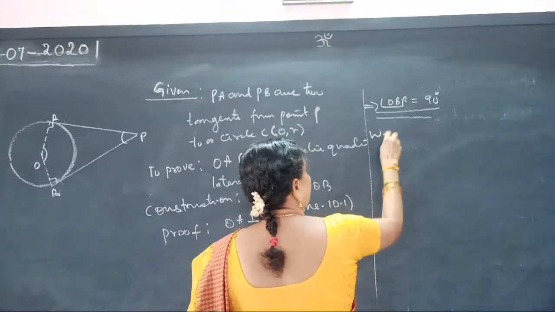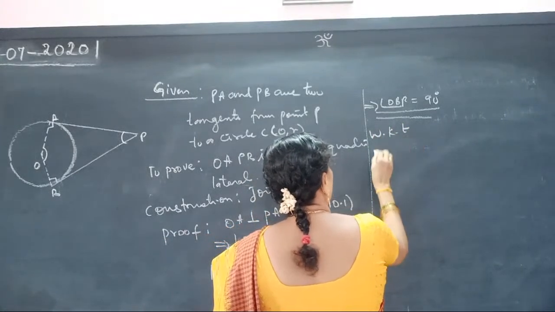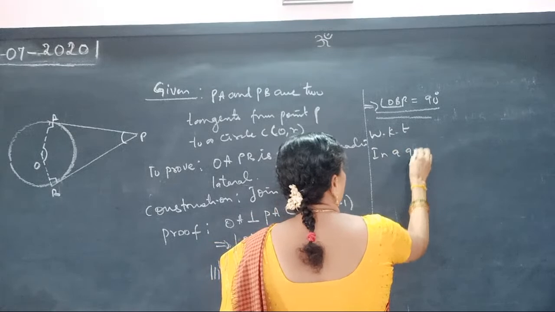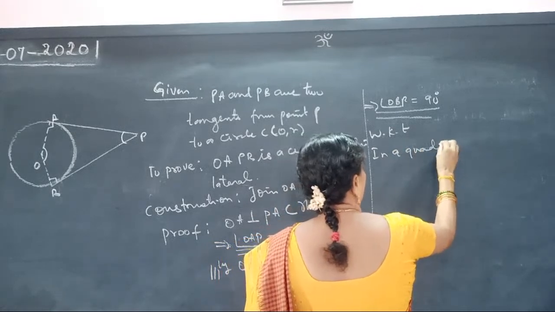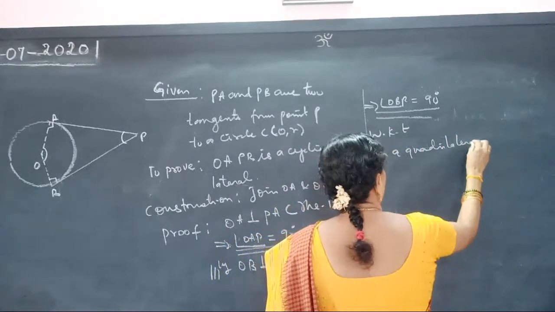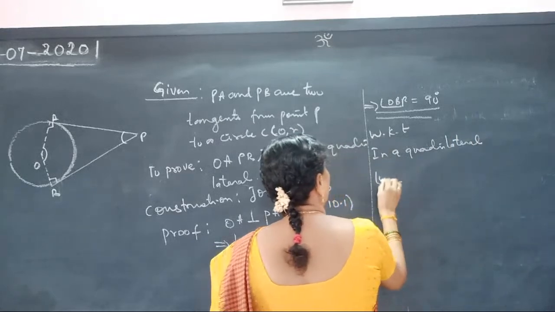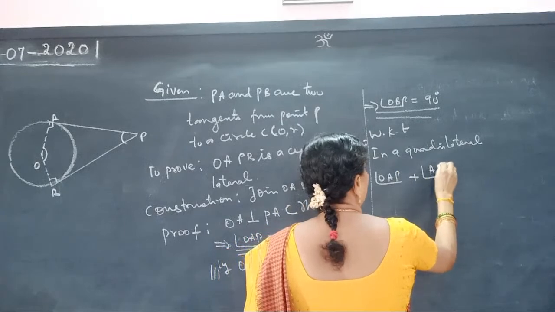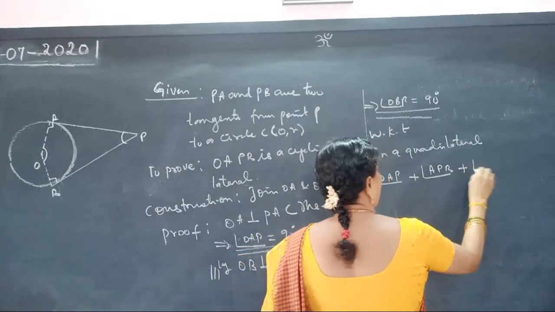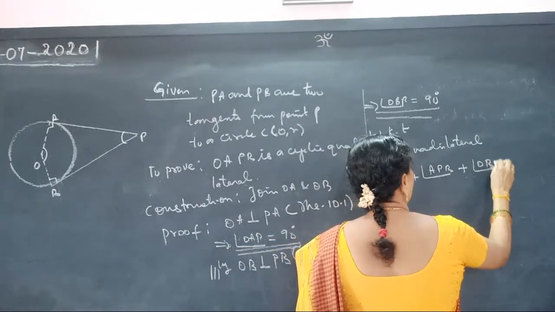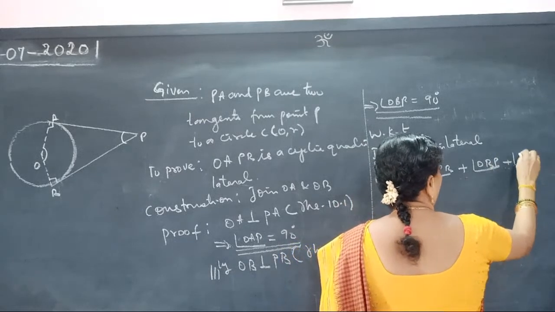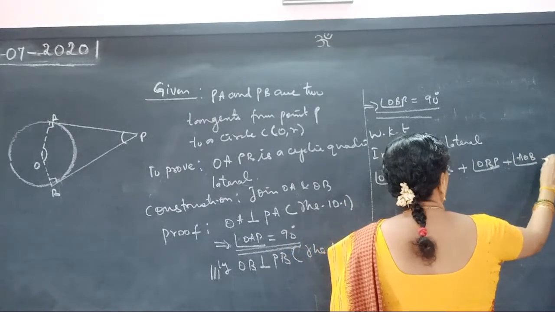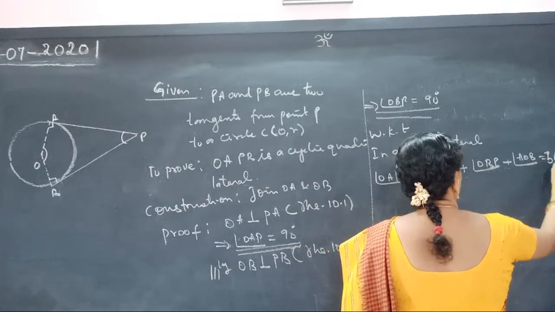We know that in a quadrilateral, angle OAP plus angle APB plus angle OBP plus angle AOB equals 360 degrees.